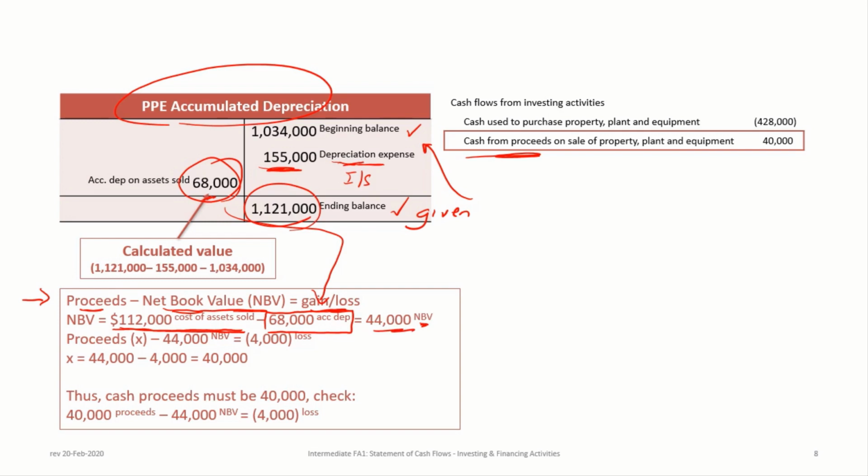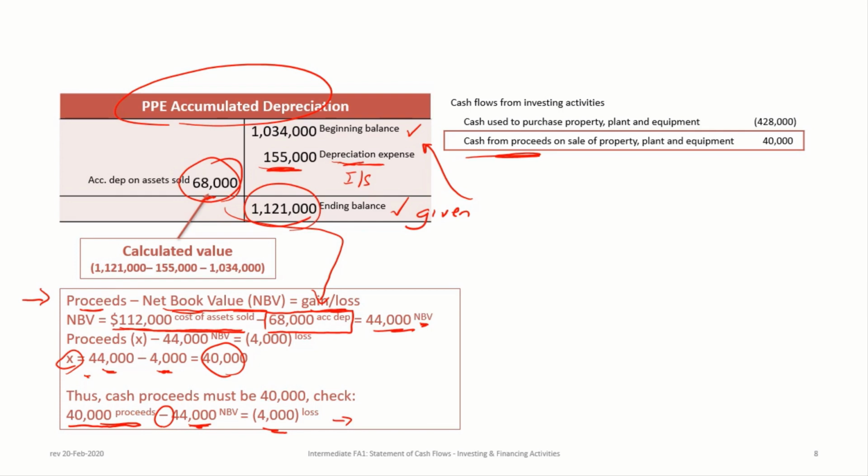Now the rest is easy. If I set my proceeds to be X, the unknown, and I say that that's equal to my net book value of $44,000 minus the gain or loss on sale, in this case I have a loss on sale, that means the proceeds had to be $40,000. And you can double check. $40,000 in proceeds less $44,000 in net book value gives a $4,000 loss.